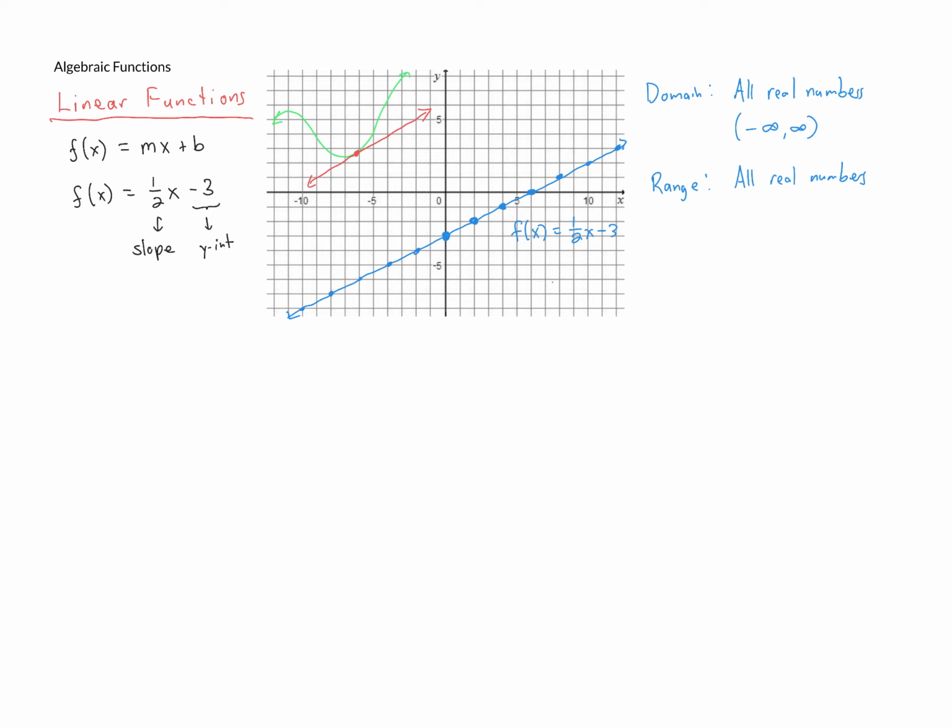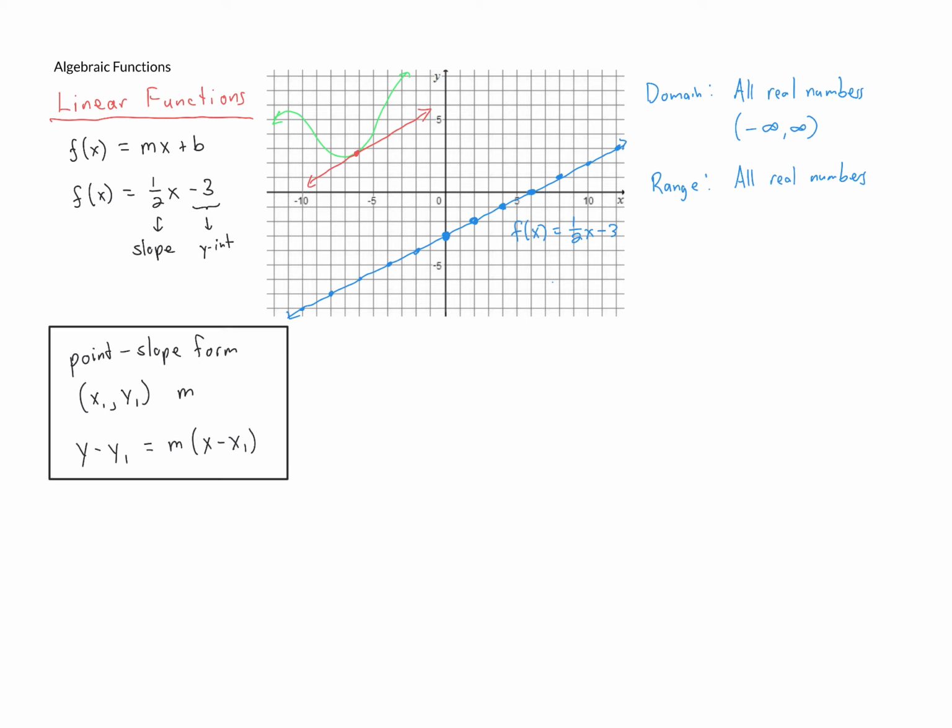And to do that, we use the very aptly named point-slope form, which says that if we have a line that contains the point (x1, y1) and has slope m, its equation can be written as y minus y1 equals m times the quantity x minus x1.